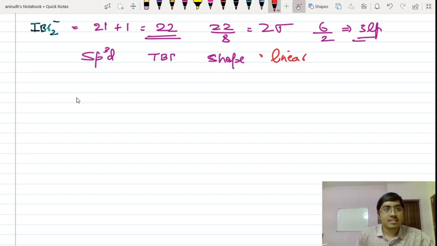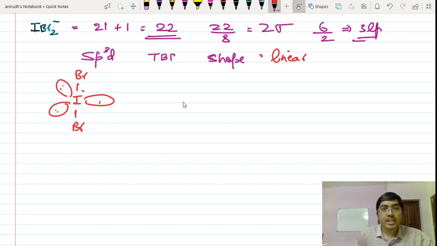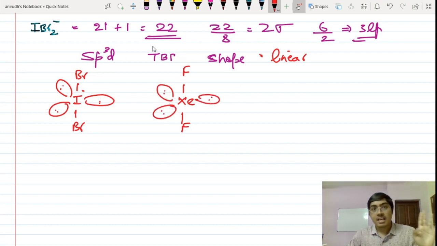Okay, so this is Br, and there is a bromine here also. Now 2 lone pairs are okay, and the third lone pair is there. It is because of one extra lone pair that iodine is having a negative charge, and your XeF2 is exactly similar to this, right? So this is one lone pair, this is another lone pair, and another lone pair. The point is, here there are 22 electrons, which are the outermost electrons or the valence electrons.